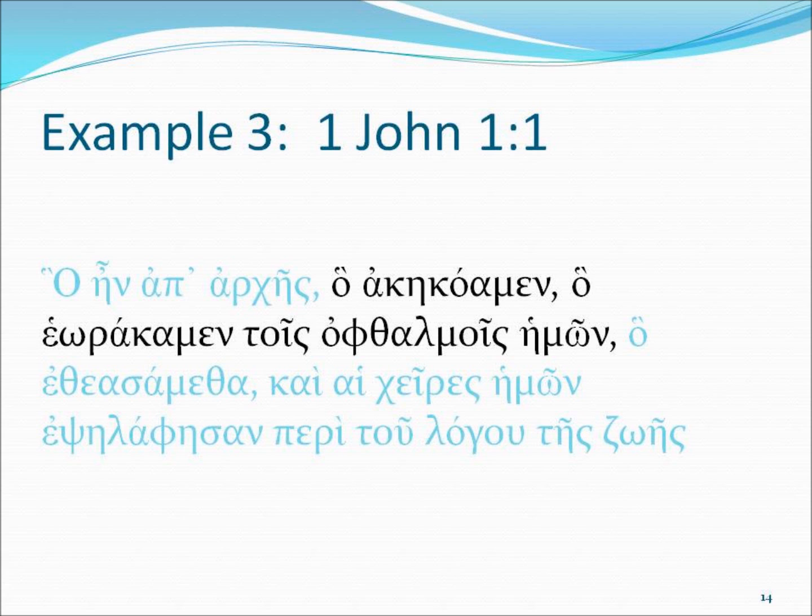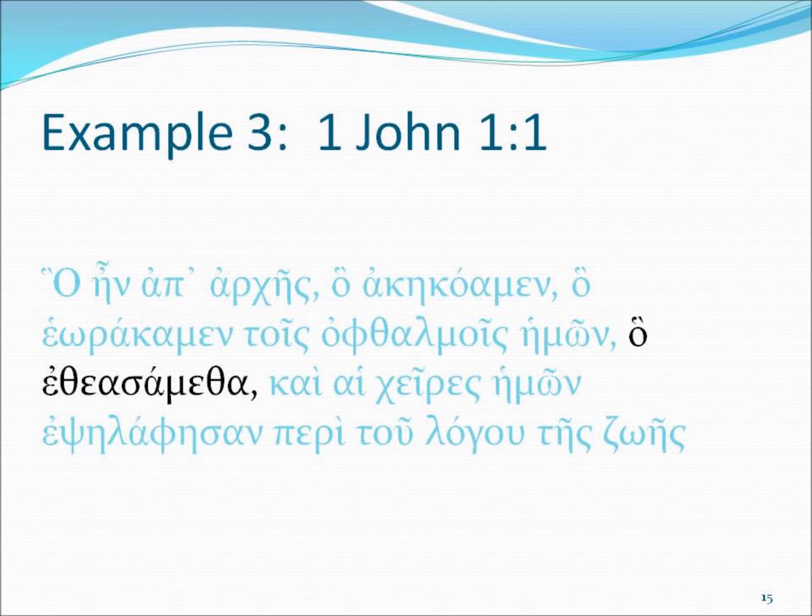The second cluster, ho akēkoamen, ho heōrakamen, tois ophthalmois hēmōn. Notice in akēkoamen, the omicron and the alpha are not a diphthong, so it's pronounced akēkoamen. Then ho heōrakamen, and tois is a diphthong there. Ophthalmois, another diphthong, and hēmōn.